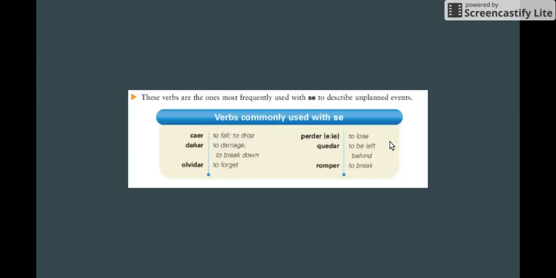Here are some frequent verbs that are used with se to describe unplanned events: caer, dañar, to damage, olvidar, perder, quedar, romper, and so forth. For the verb caer, to drop, you use the construction se cayó, or se cayeron, to convey the idea of dropping.